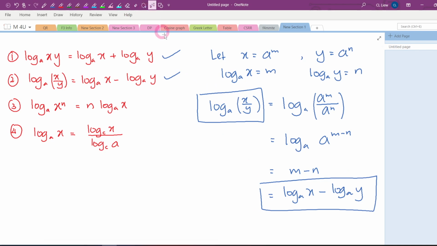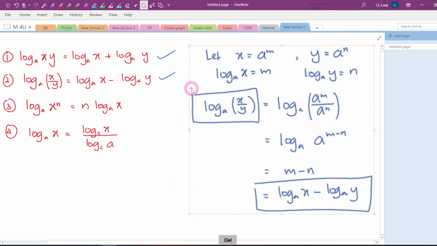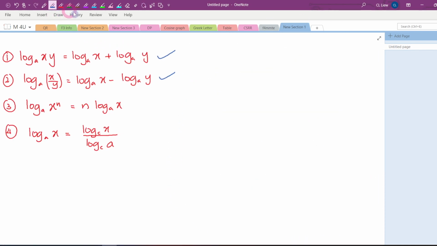Let's prove the third one. Okay, let me erase this one first. Let x equal to a power k. Now from here we know log base a of x is equal to k, right? Log base a of x power n.